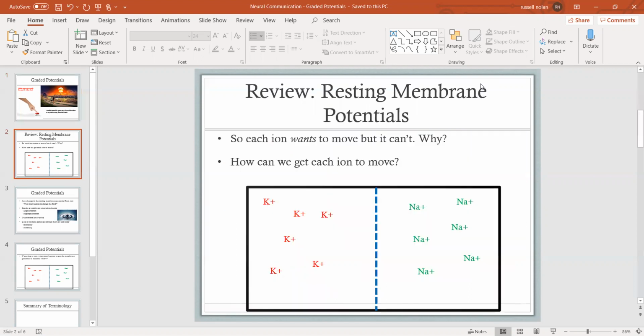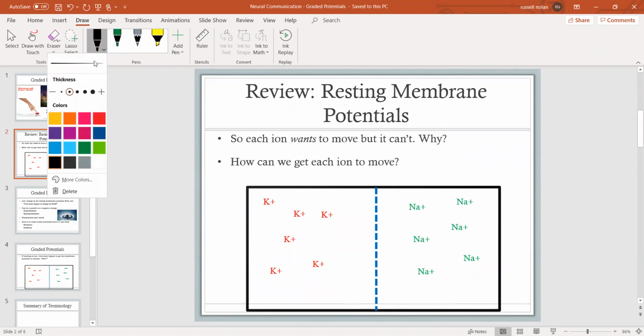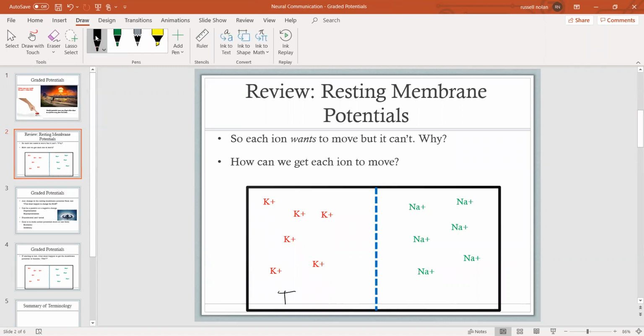So let's do a brief little review from video 1. This was an important slide there, sort of a summary of everything we looked at, is that when you look at a resting membrane potential, or what causes the resting membrane potential, remember at rest, we have inside the cell. Let me just touch up a few things here. So this is inside the cell.